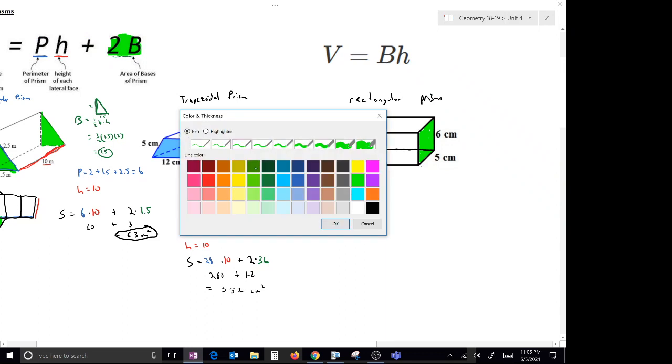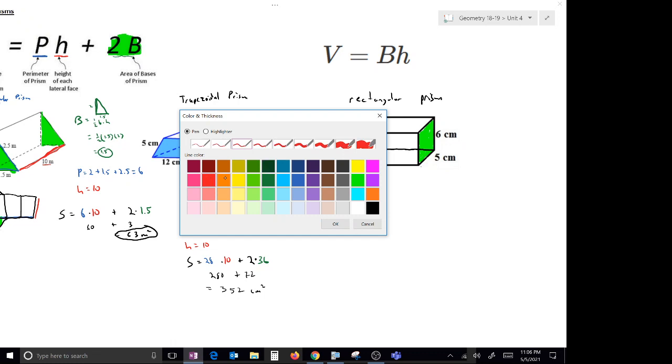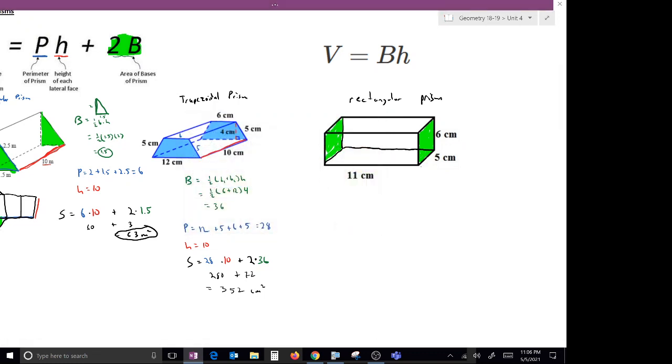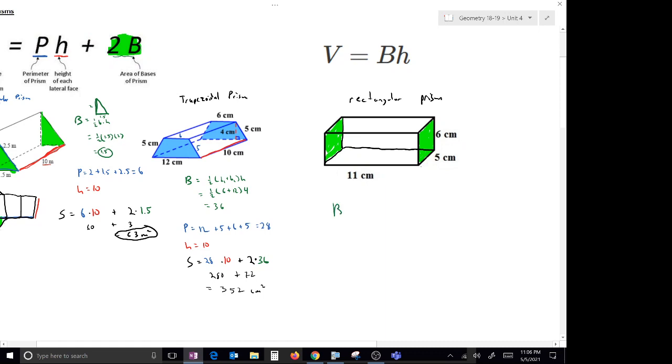I don't like that deep green there. There we go. So our area of base is just going to be 6 times 5, which is going to equal 30.